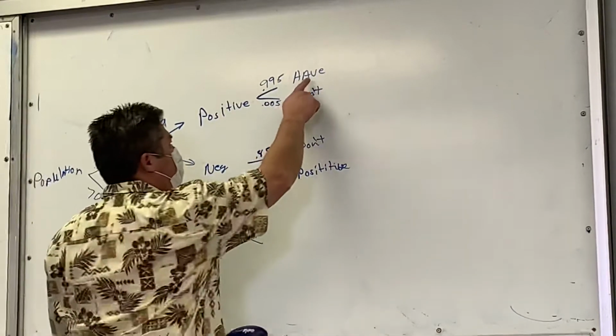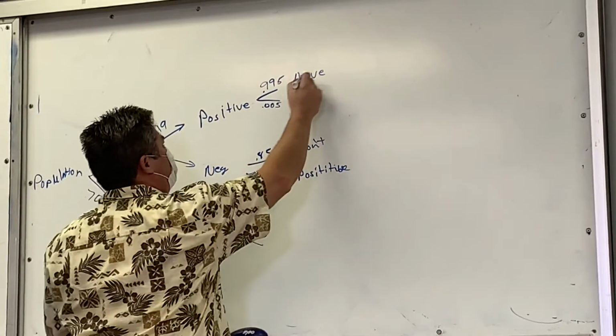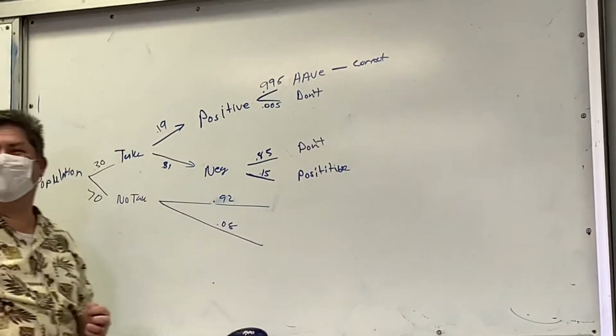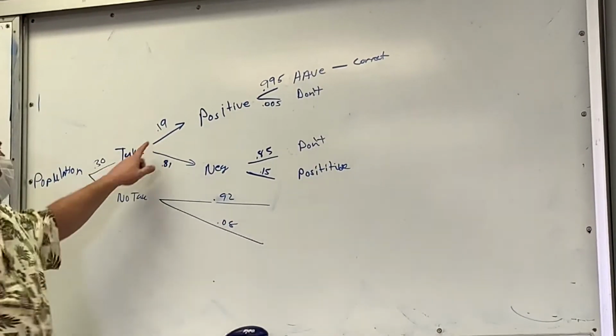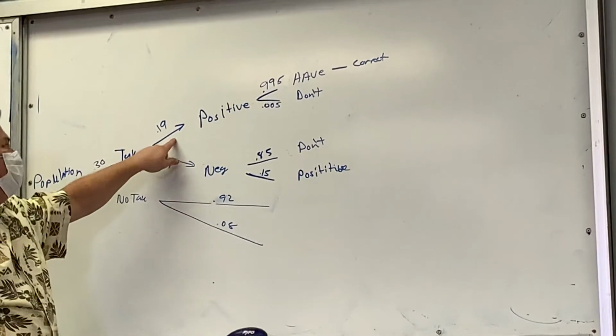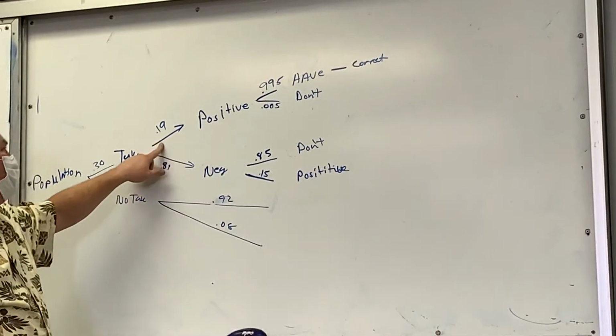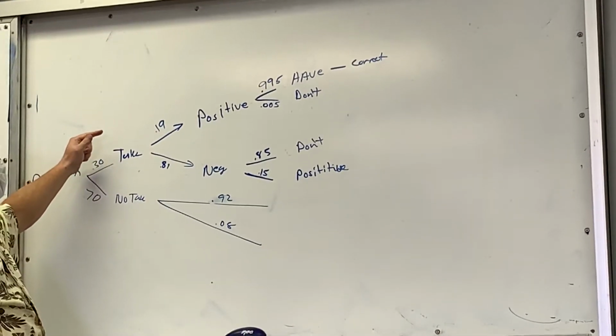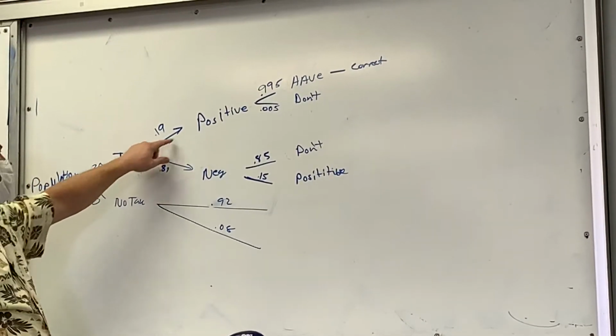Okay, so the test is going to say has it, and they have it. So this is what? Correct. Correct? You understand what I'm saying? This, they take the test, 19% are going to be false. Oh wait, did I do that wrong? 19% are false positives, right?